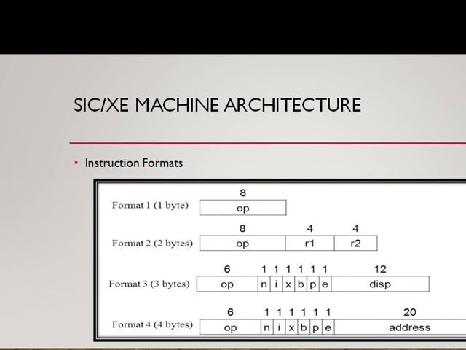If the E value is equal to 0, then it is format 3. If the E value is equal to 1, then it is format 4. Format 4 is also similar to format 3, which has the opcode and 6 flag bits with the address area of 20 bits. These 4 formats are used in the SIC/XE machine architecture.